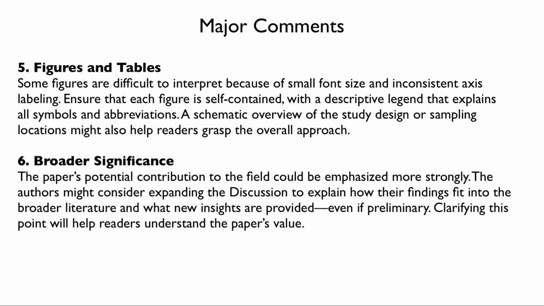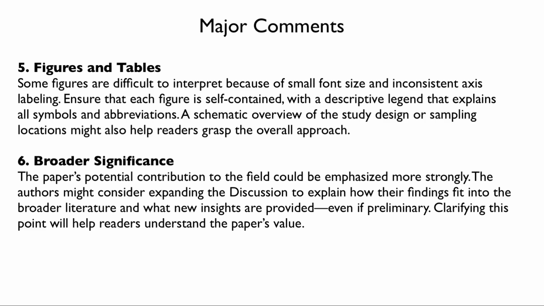The review should point out any problems with figures and tables, such as small font size or inconsistent axis labeling. Suggestions for improvement include descriptive legends and a new figure showing a schematic overview of the study design or sampling locations. The final major comment focuses on the broader significance of the work.